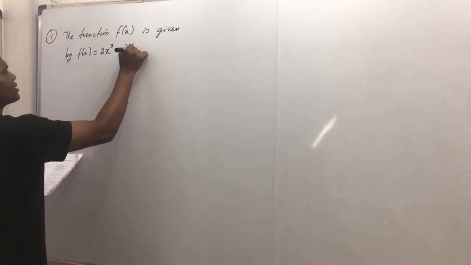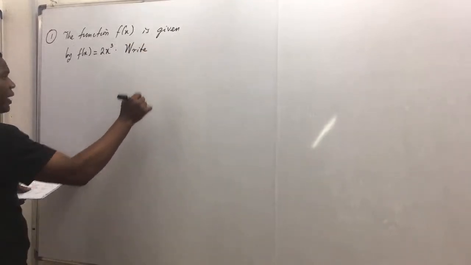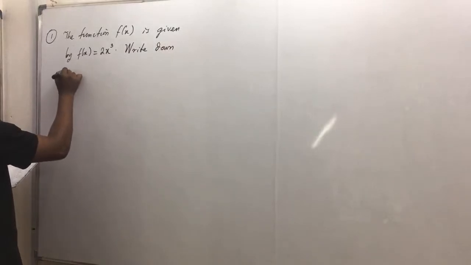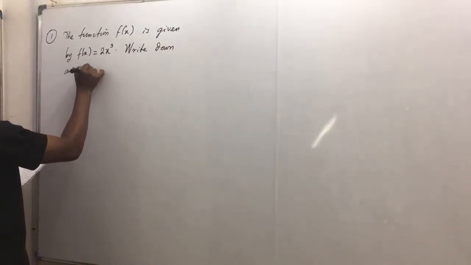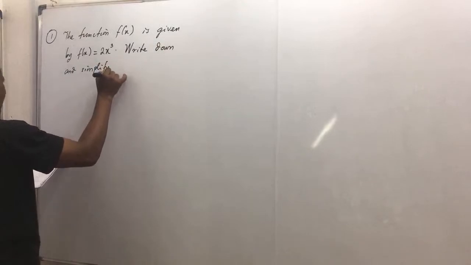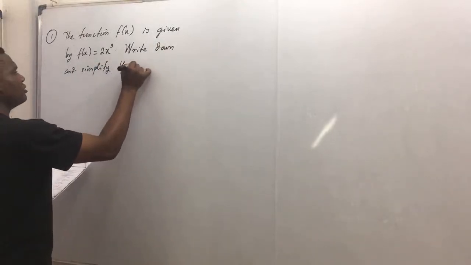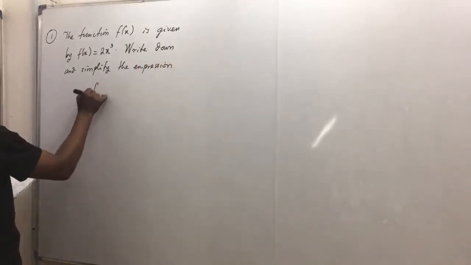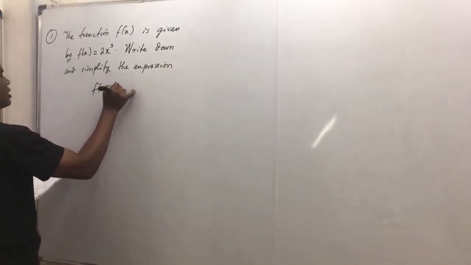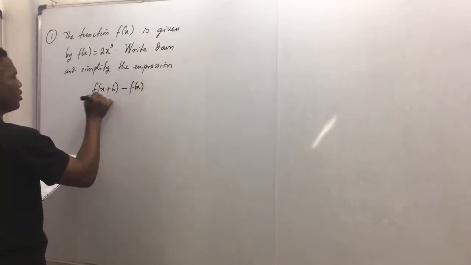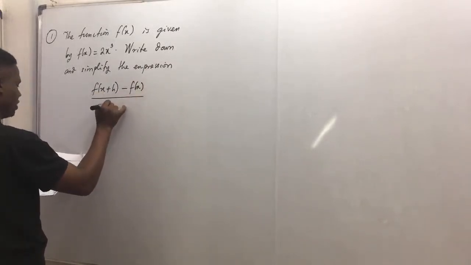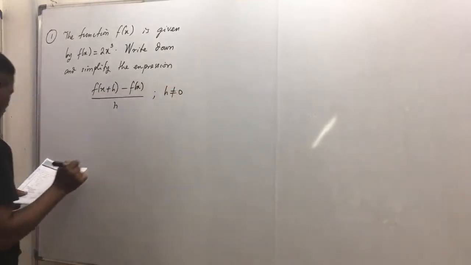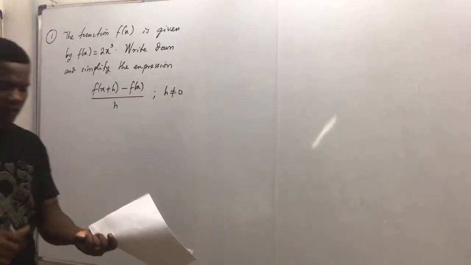The question says, write down and simplify the expression f of x plus h minus f of x all over h, in which case h is not equal to 0. So let's start with this problem.